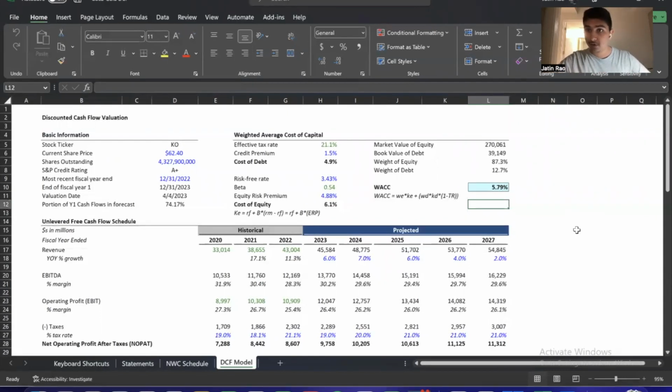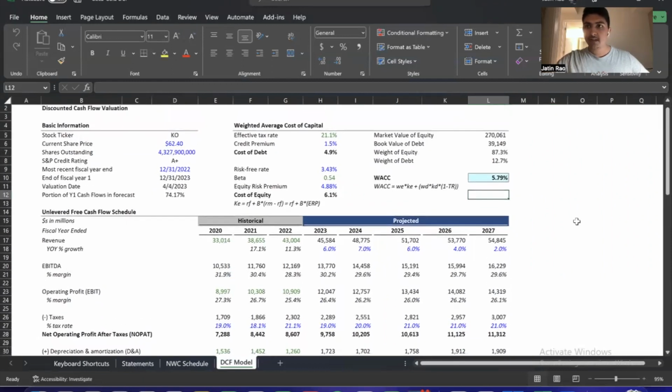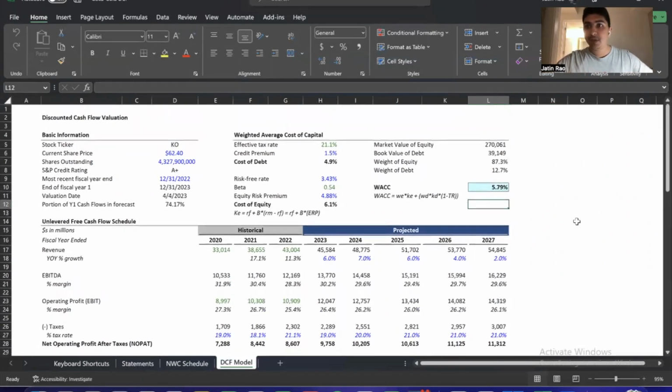In the first two sessions, we looked at this model. We are valuing Coca-Cola, and there are a lot of moving parts to this model, but the main objective of those two sessions was to calculate one of the two main pieces needed for a DCF valuation.